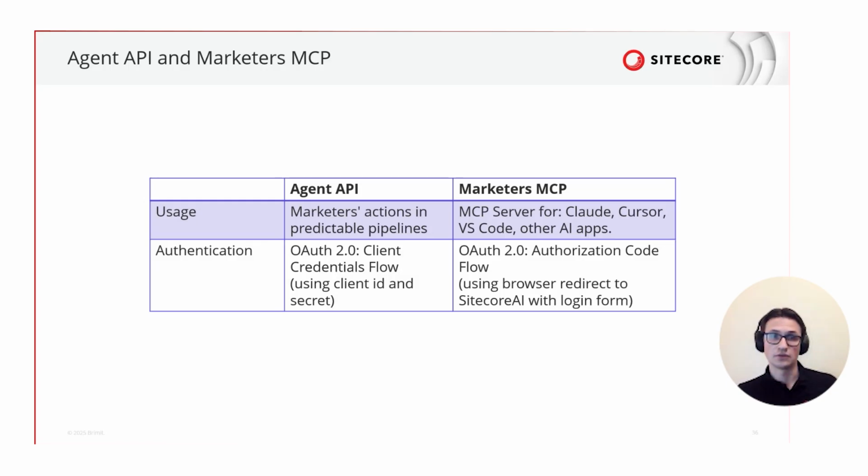It requires opening a link in the browser, and the user needs to click the button to say yes, I allow access to the Sitecore application, which makes it problematic to use in service-to-service integrations. So currently this is the limitation, but as I know, Sitecore is working on bringing client credentials flow into Marketers MCP as well.